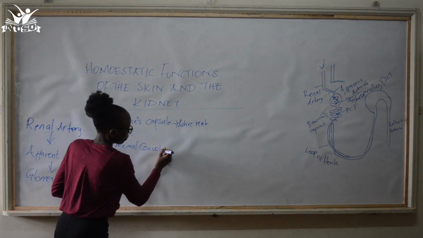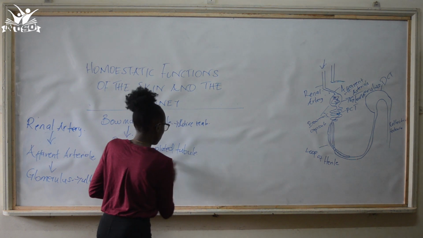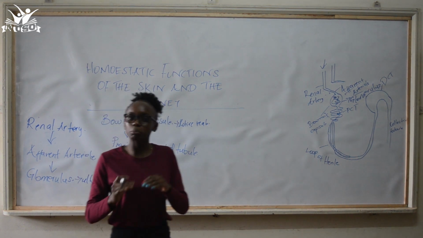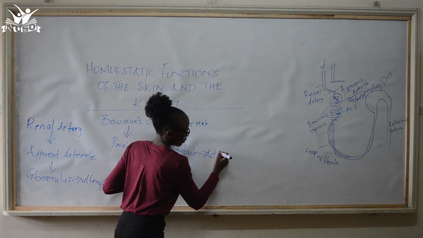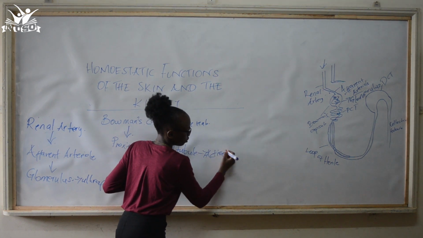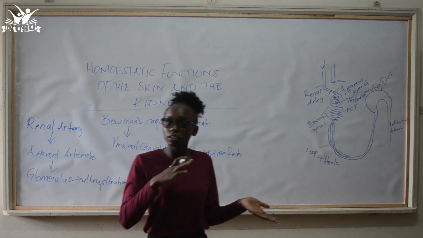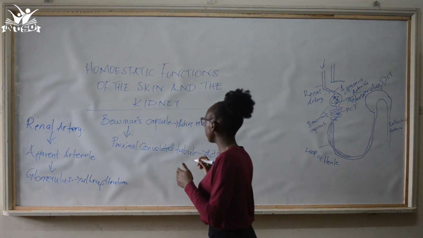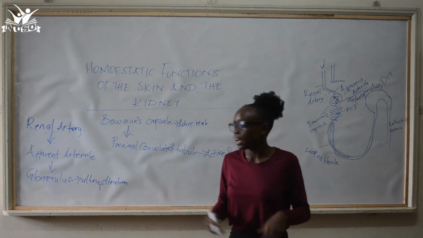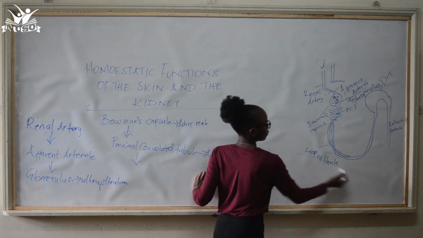Here, active reabsorption takes place. Substances such as glucose, amino acids, mineral salts and some water are reabsorbed back to the blood. And then the filtrate moves to the loop of Henle.